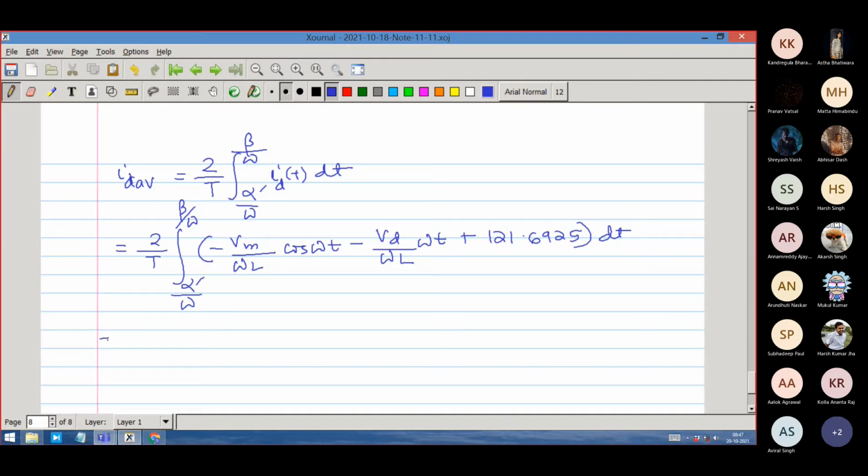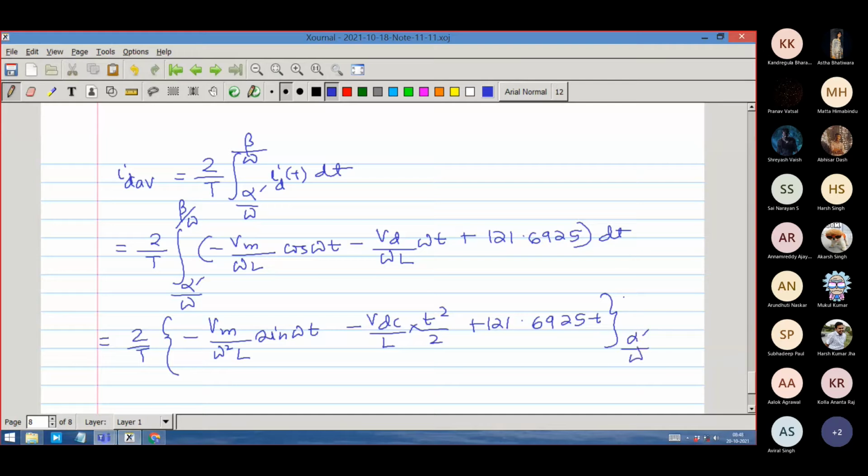So if I do that, then this is equal to 2 by T into minus Vm by omega square L sine of omega t minus V_DC by L into t square by 2 plus 121.6925 t, and this is varying from alpha dash by omega to beta by omega.